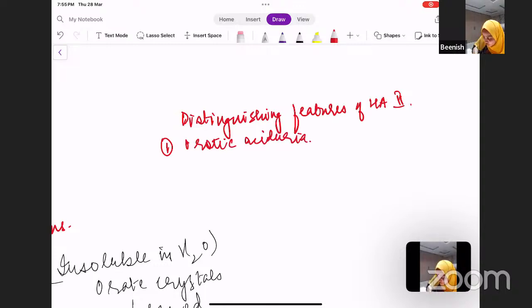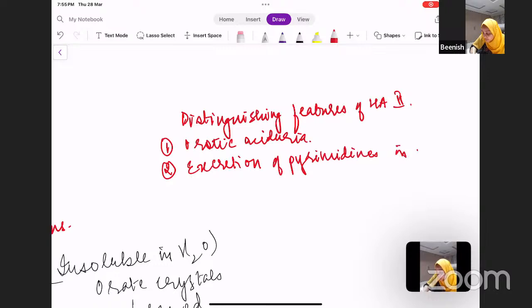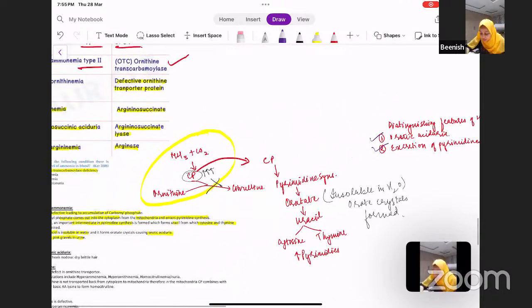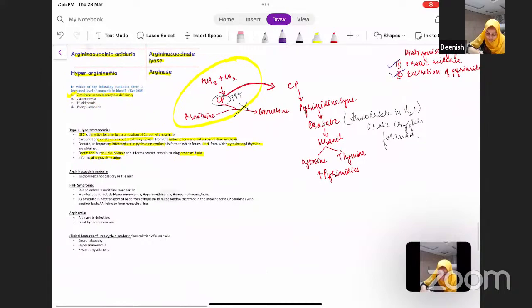How? Because your orotate crystals are insoluble in water, so they accumulate leading to orotic aciduria. And second, there is excretion of pyrimidines in urine. So these are the two distinguishing factors of hyperammonemia type 2.